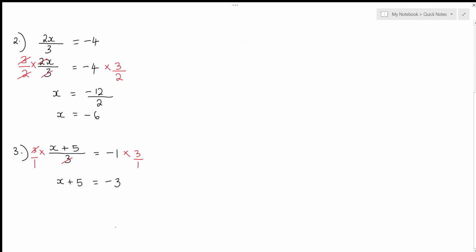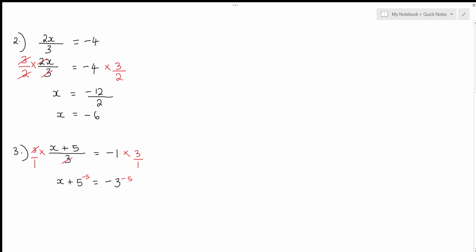Right, now we're basically solving for x. So we need to look at the fact that we have plus 5 here. And in order to get rid of my 5 on the left-hand side, the inverse of plus 5 is minus 5. So you minus 5 on the left-hand side to get rid of it, because 5 minus 5 will give me 0. So you need to minus 5 on the left-hand side.